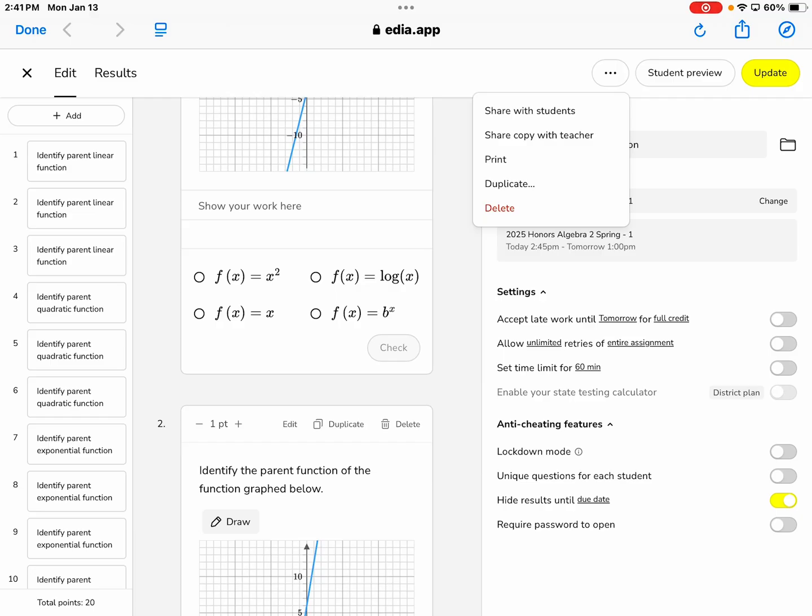Now, go back into that link. Let's see. Still. Are we missing an iPad? What's the website called? The website is EDIA, then .com. EDIA.com.